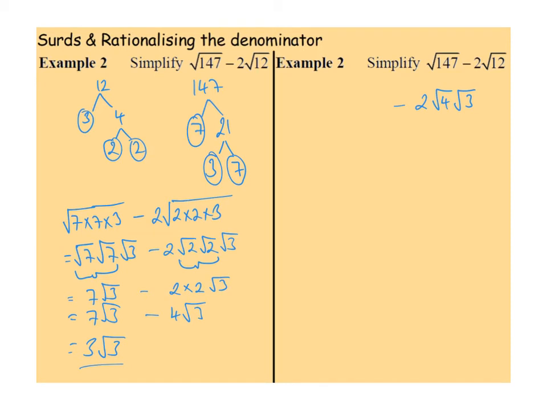147, well, I need to notice really that this is 7 multiplied by something, and when I do that in my head quickly I realise that it's 7 times 21, so 7's a factor of 21, which means that I'm going to get 49 as a square factor.